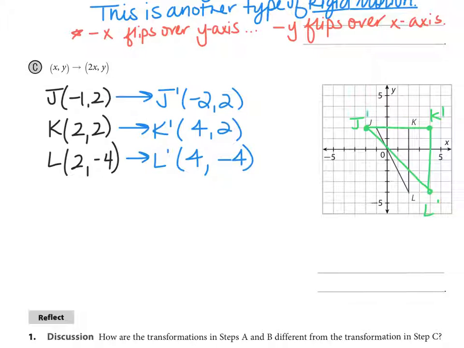Okay, so notice this time, this one's a little bit weird, because when we look here, we see that, first of all, these are not the same shape. I mean, yes, they are both triangles, but these are not congruent to one another. They are not exactly the same shape. So this is not an example of a rigid motion. It kind of looks like a dilation.